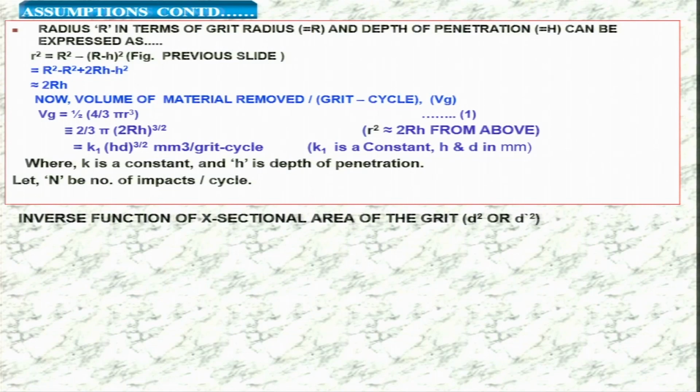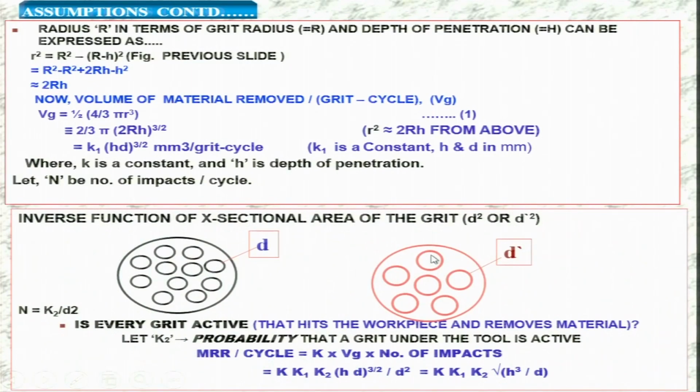So when our tool is vibrating downward, a certain number of abrasive particles will be hitting the workpiece surface. N is the inverse function of the cross-sectional area of the grit, as we will see here.